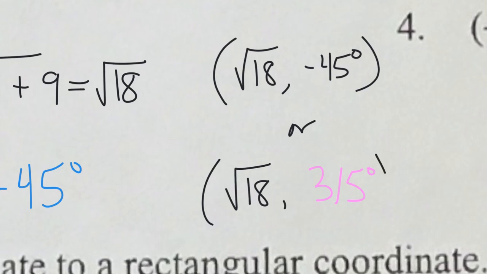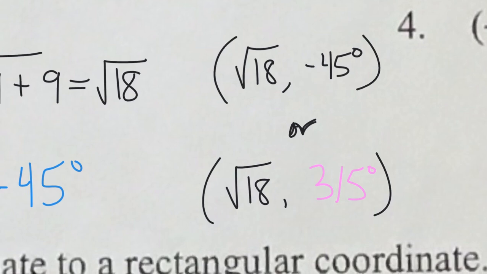Okay, so this is your choice. This is up to you on how you write it. Now, if it were a multiple choice test and negative 45 weren't available, you would have to know to change your negative 45 to its 315 degree equivalent. Okay, but if you're just doing work, then 315 is fine with me.